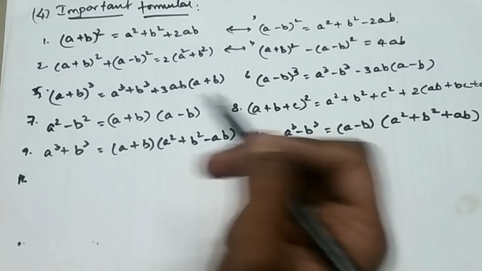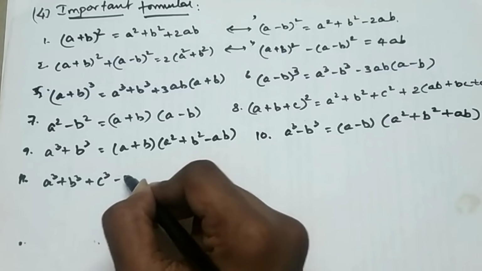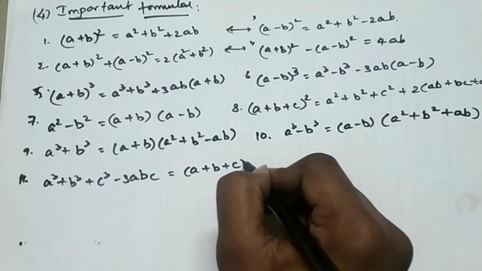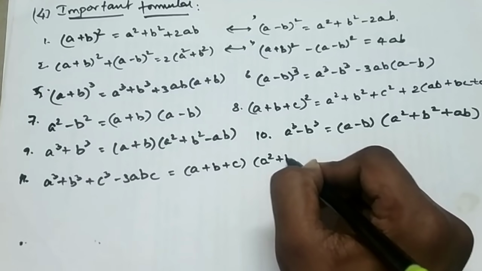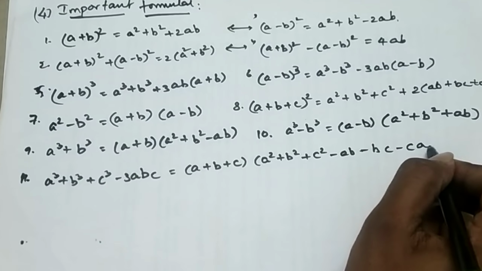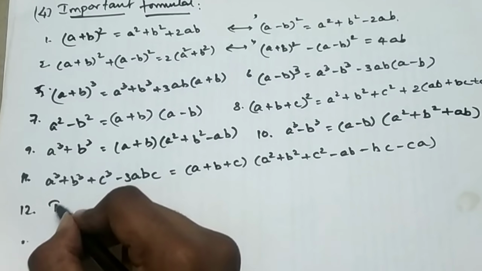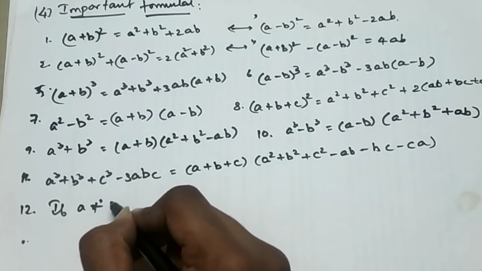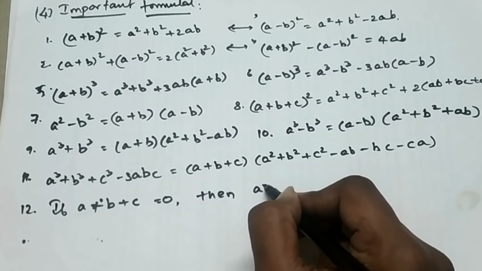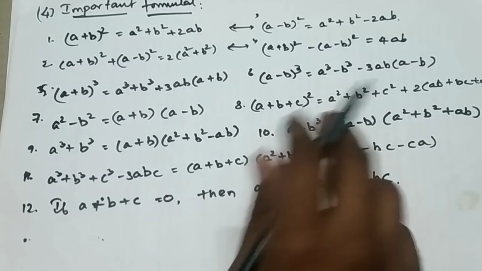So the next one is a³ + b³ + c³ − 3abc, which will be (a + b + c)(a² + b² + c² − ab − bc − ca). And finally, if a + b + c = 0, then a³ + b³ + c³ = 3abc.